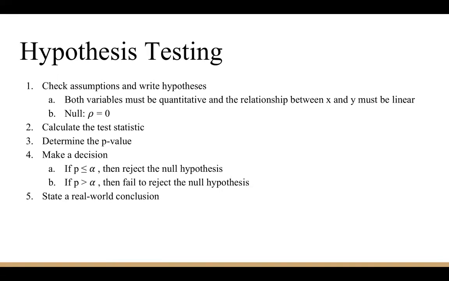You would do rho equal to 0 for your null hypothesis, and then your alternative would be that rho is either greater than, less than, or not equal to 0, depending on the scenario. After you write your hypotheses, you're going to calculate your test statistic, determine your p-value, decide whether to reject or fail to reject the null, and state a real-world conclusion. You guys should be experts at this by now.